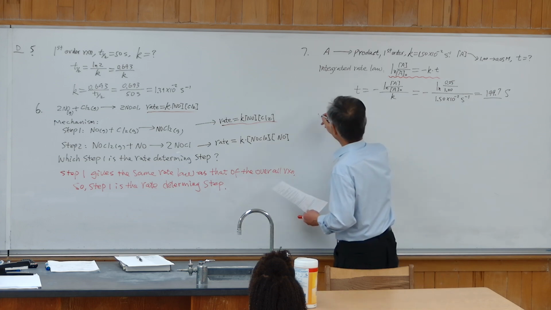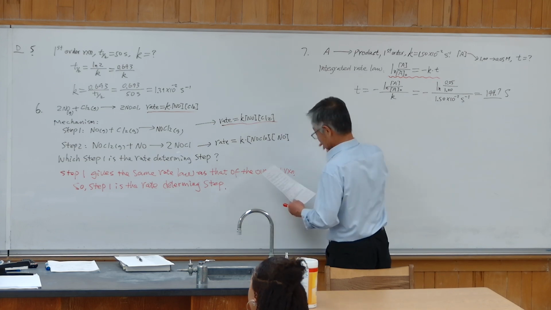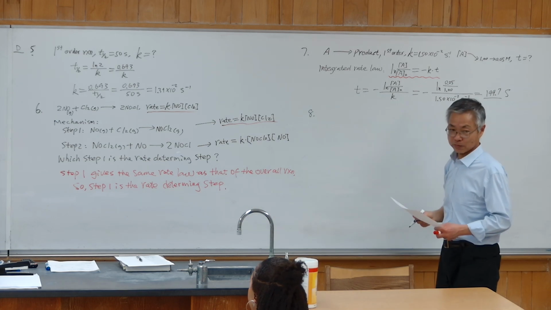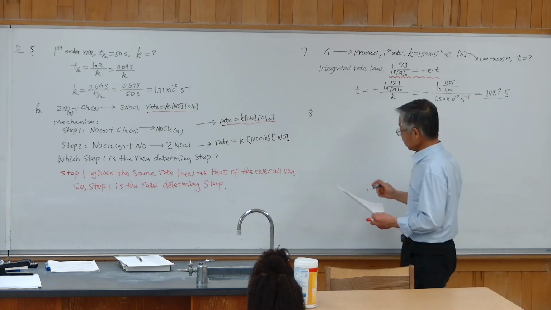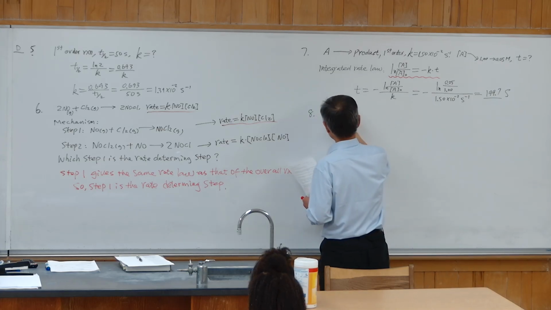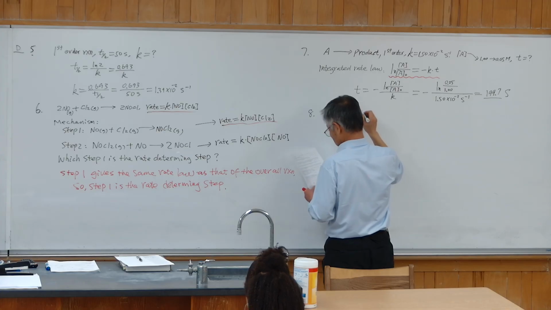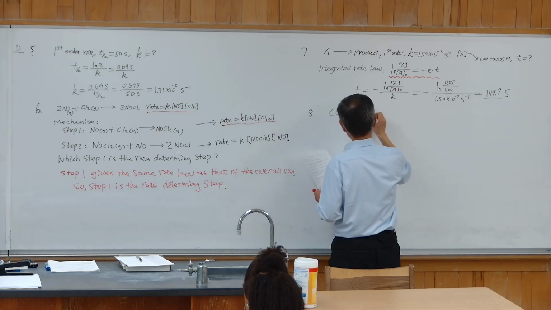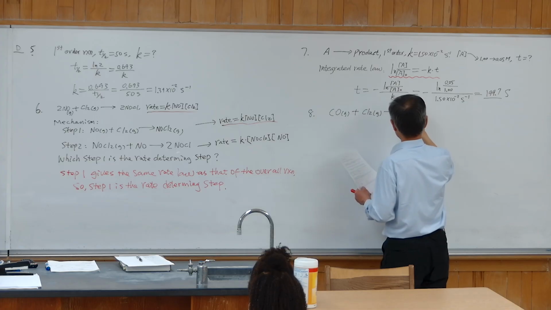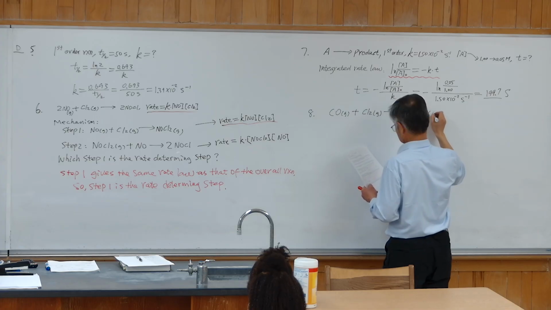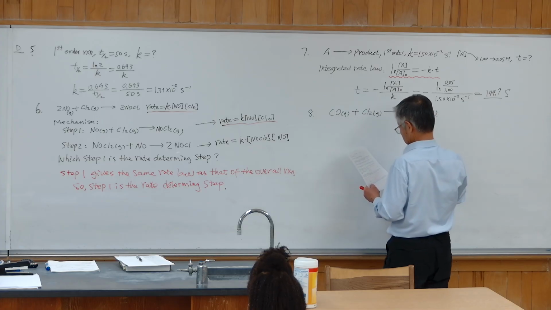Then question 8, also a big problem for some of you. The reaction is CO gas and Cl2 gas produce COCl2 gas.